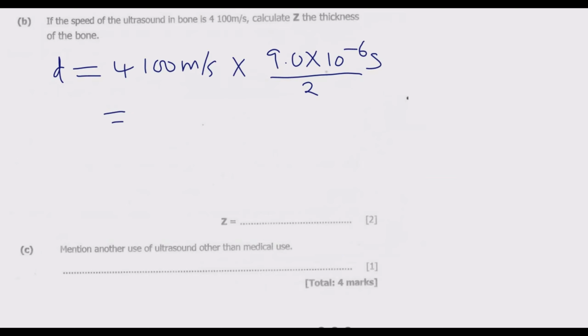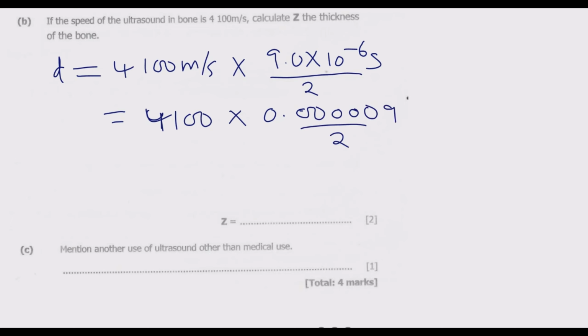We end up with 4,100 multiplied by 0.000009 over 2.